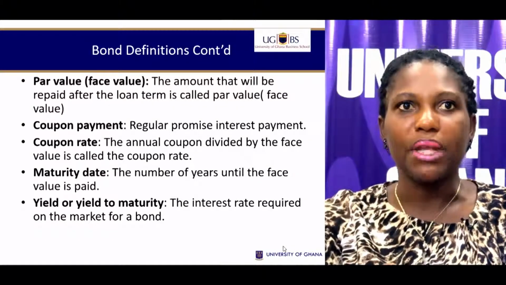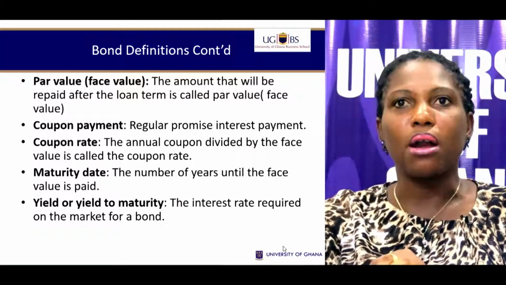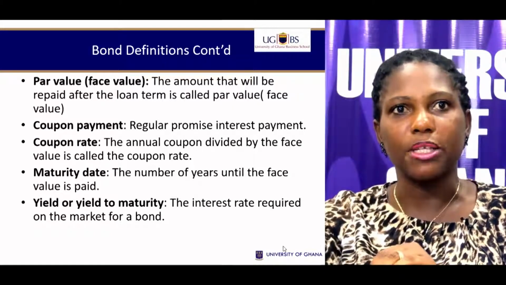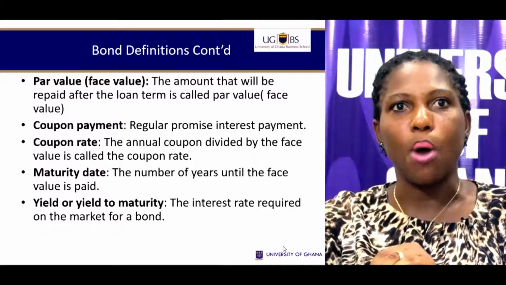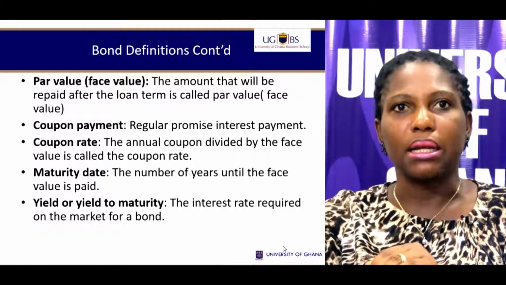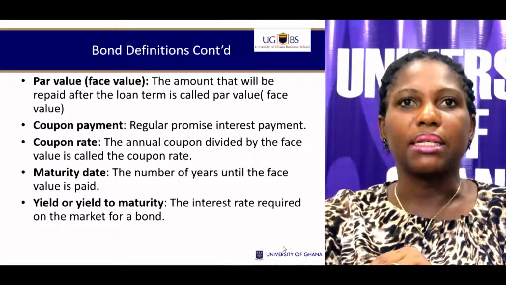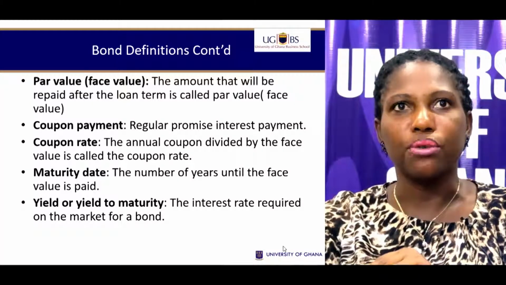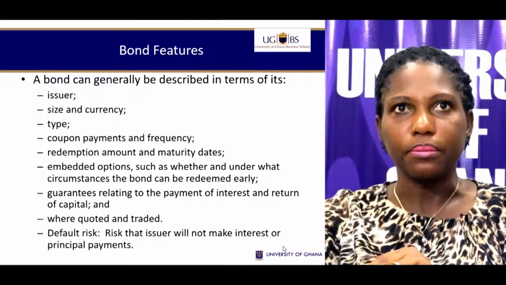The maturity date is the number of years until the bond matures and the face value is paid. The yield to maturity is the typical interest that is required on the market for the particular kind of bond. Now, the yield to maturity typically is related to the risk profile of the issuing entity and the bond in question that is being issued.